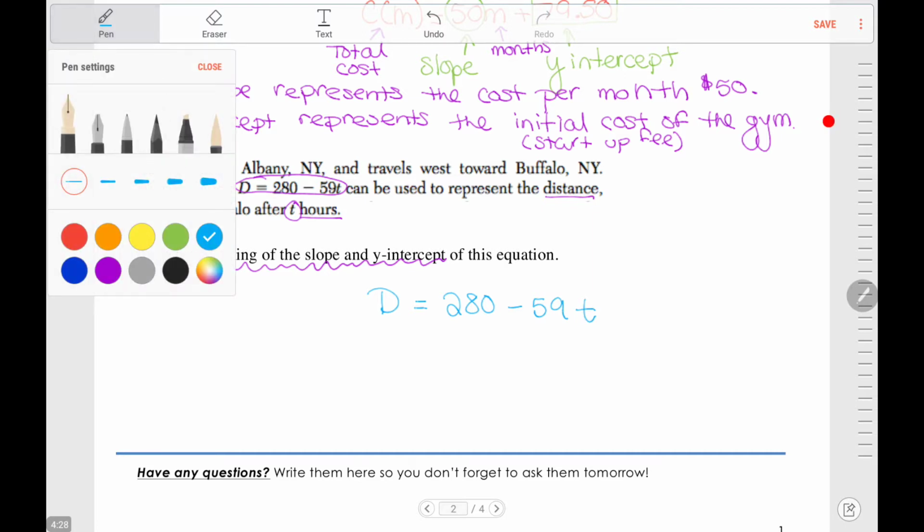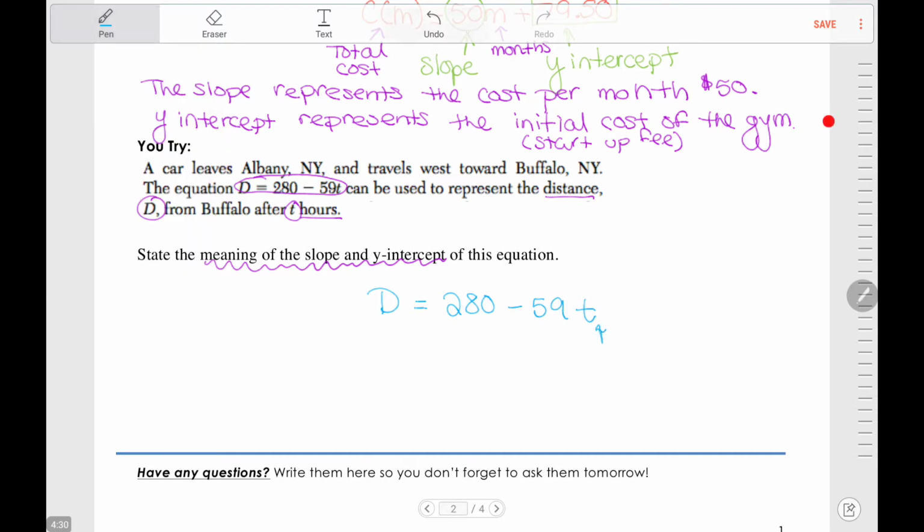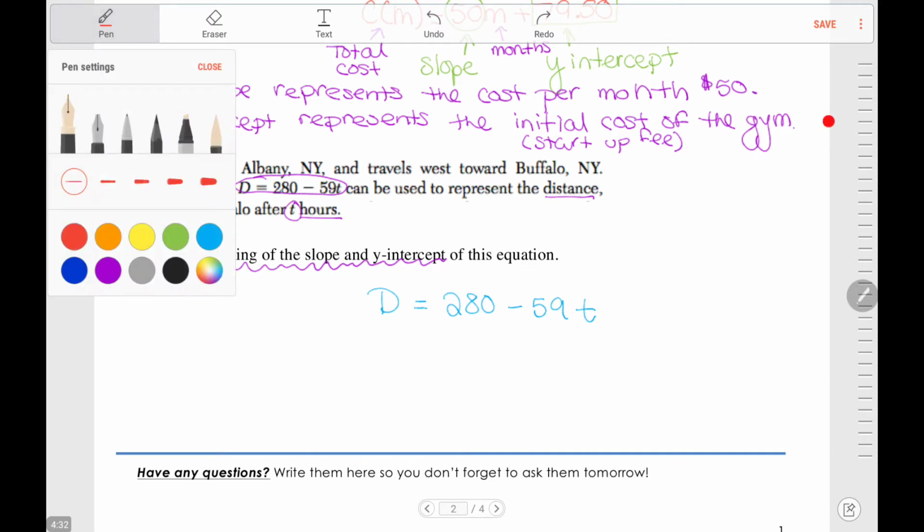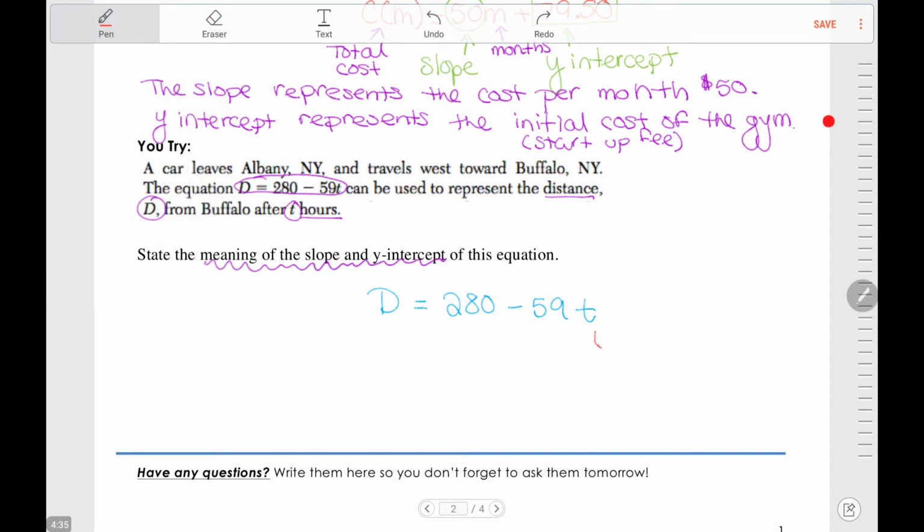So far we know that t is our time in hours, and d represents our distance from Buffalo.